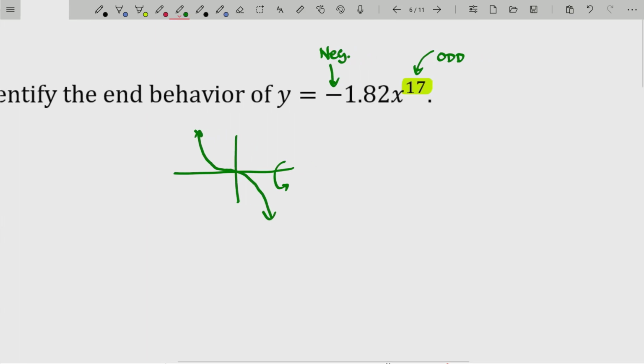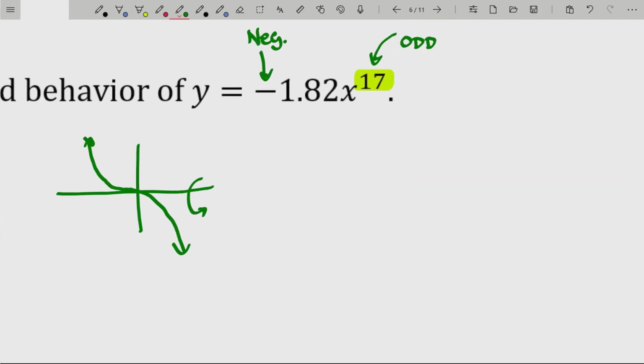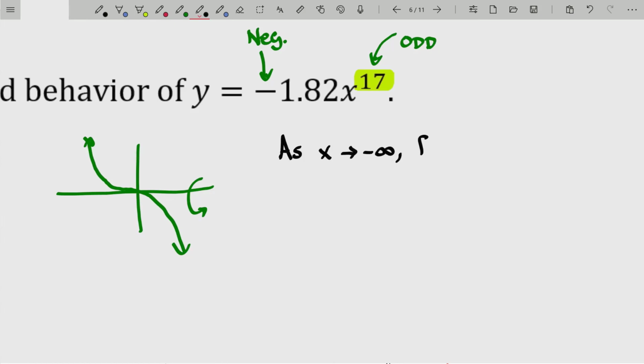And so now, don't just leave that graph as your answer, please. What you want to do is just state it in calculus style language. Say, as x goes to -infinity, f of x, is that what we're dealing with? Well, they didn't name it. I'm going to call it f of x, goes to +infinity, according to my chicken scratched graph there.